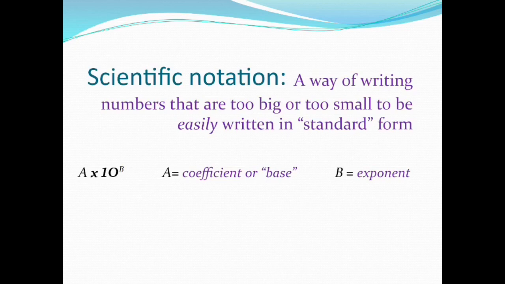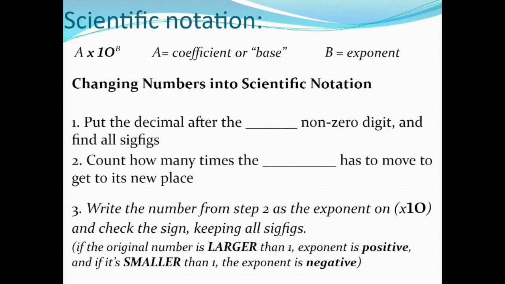Now, those are the parts of our scientific notation, and right below that is an explanation with some specific instructions on how to turn a standard form number into scientific notation. And we don't have the reverse directions because once you understand enough to write numbers in scientific notation, it's pretty easy to take them out of scientific notation, and we're going to practice examples both directions.